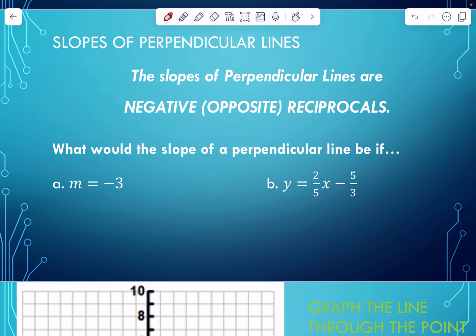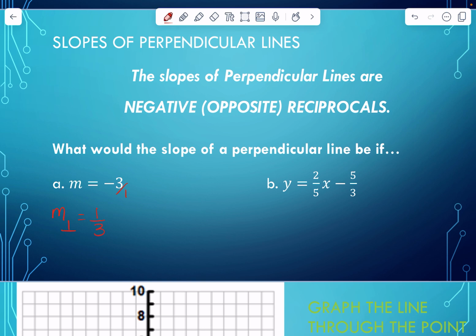Okay, so if we look at this, we have the slope of a perpendicular line if the slope is -3. So the slope of the perpendicular then, remember -3 is -3/1. So we change the sign of that, which would make it from negative to positive, and then we flip it.